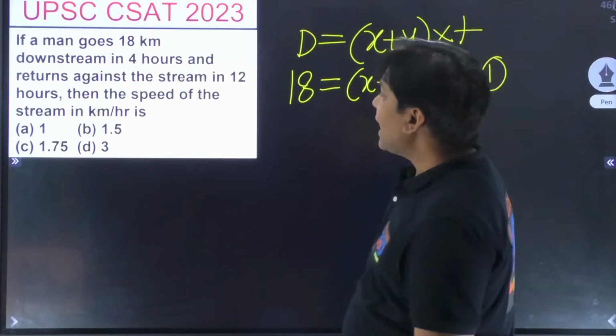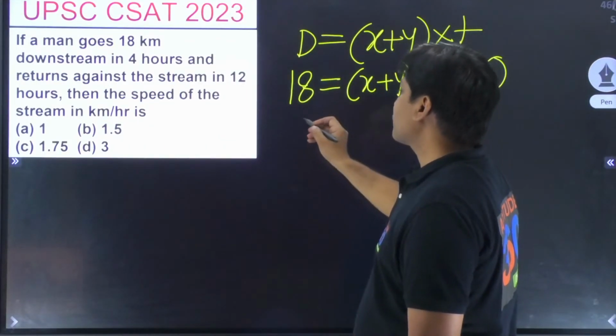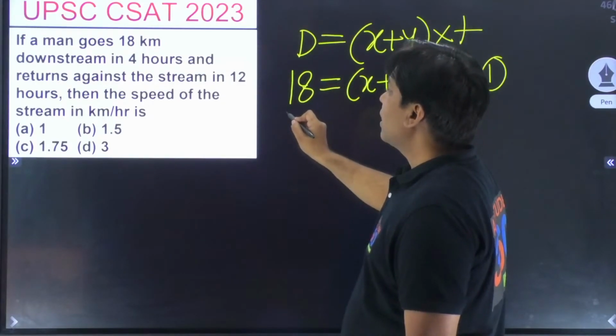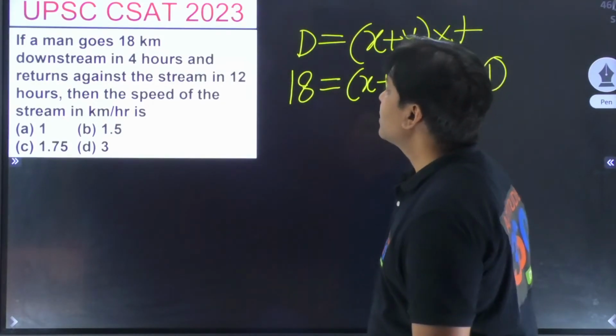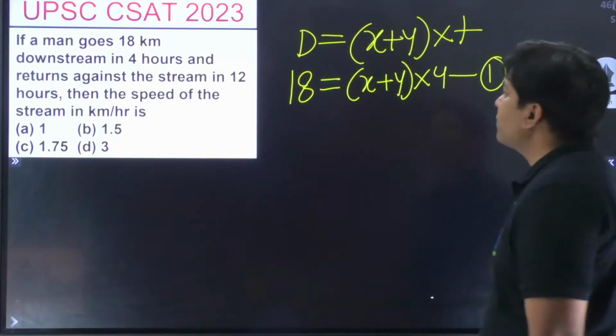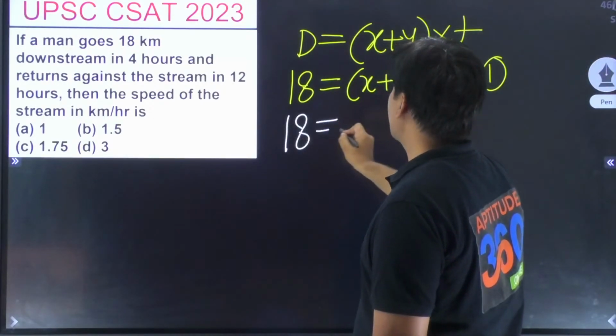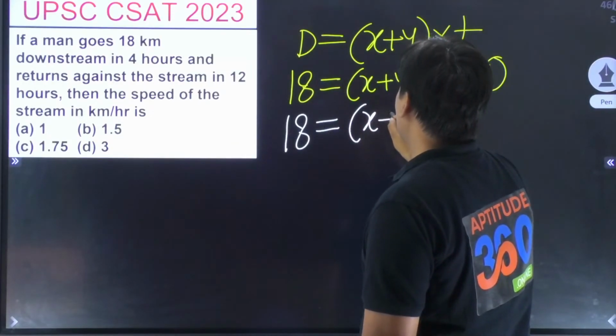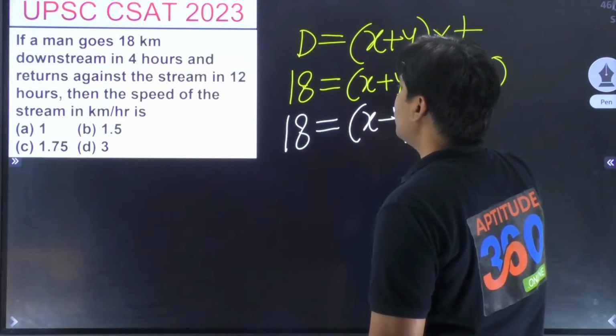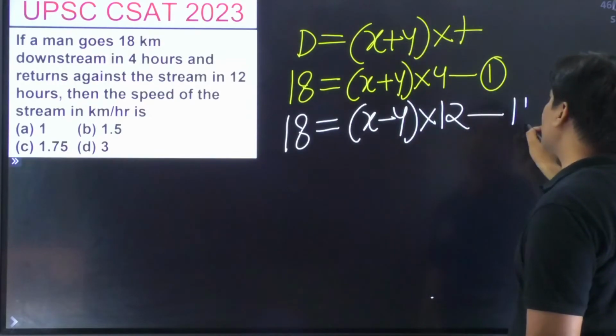And returns against the stream in 12 hours. So the same distance is being covered, x minus y into 12 hours. That is your equation number 2.